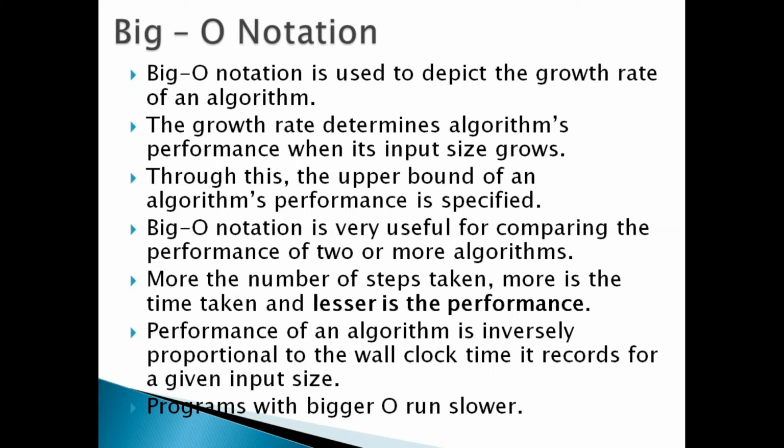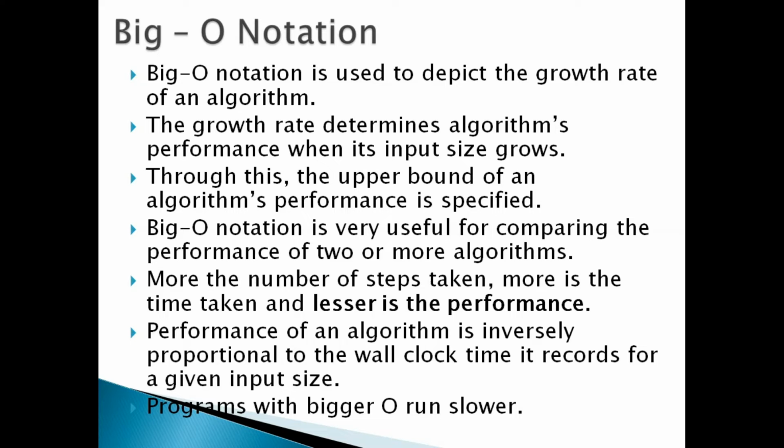Now the main point is here: the more the number of steps taken, the more is the time taken. So if an algorithm is taking more steps, it will be taking more time to do that task and its performance will be lesser.